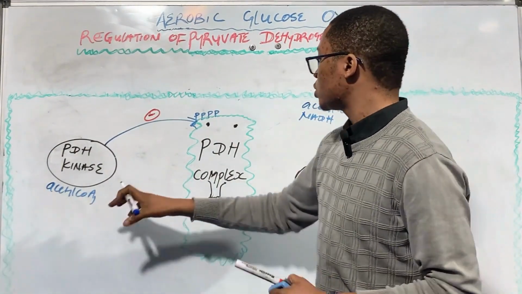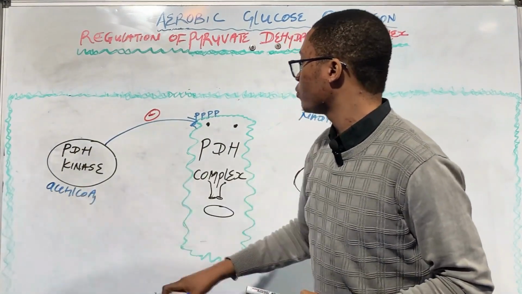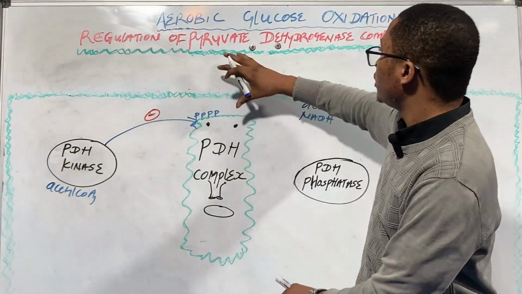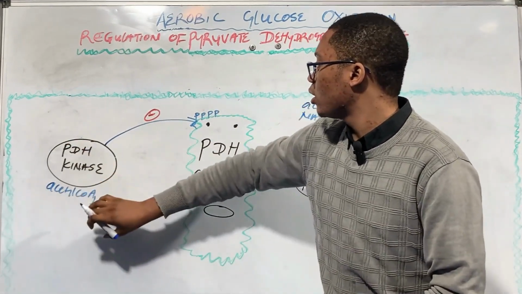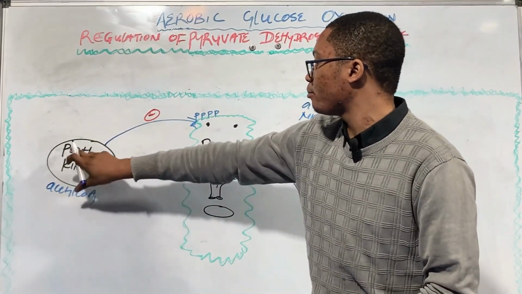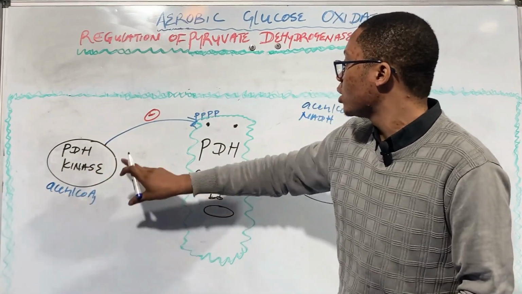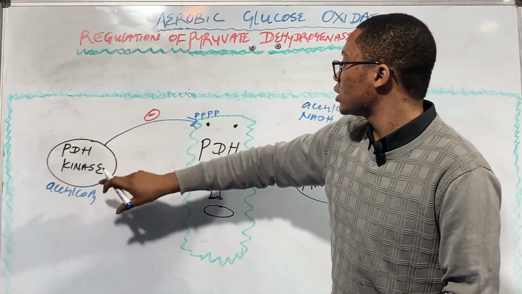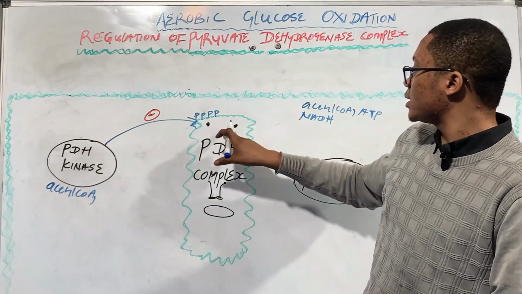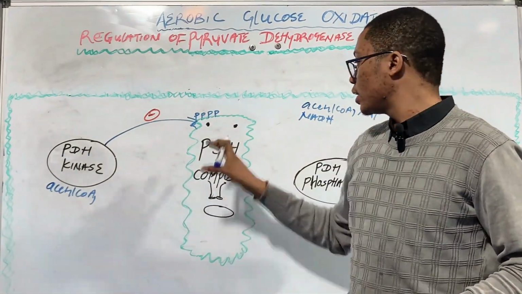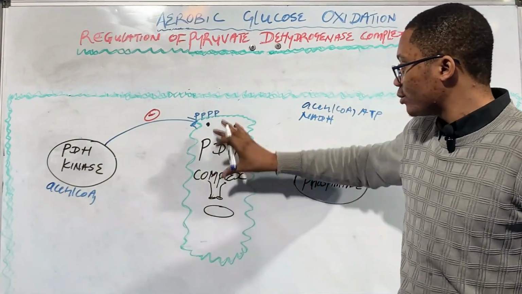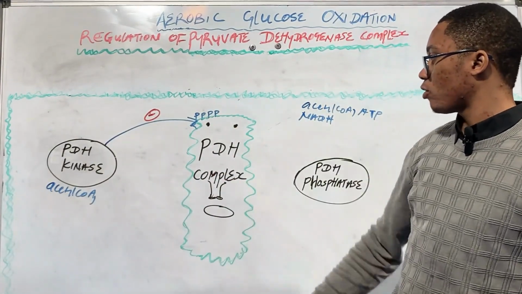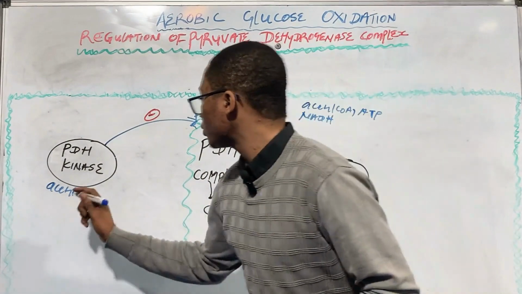So when there is a lot of acetyl-CoA, we have to stop the aerobic glucose oxidation. So acetyl-CoA stimulates the enzyme pyruvate dehydrogenase kinase, and this stimulated kinase phosphorylates the complex and inhibits it. That's how acetyl-CoA inhibits this complex.